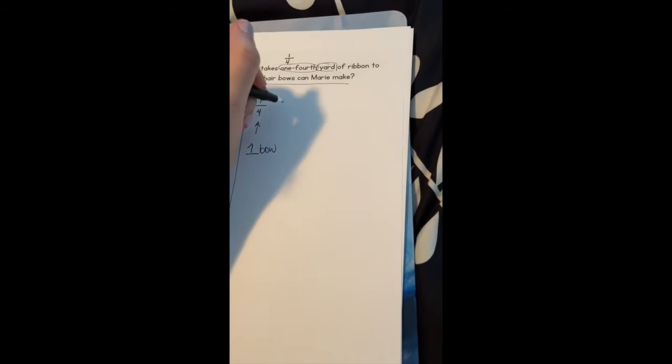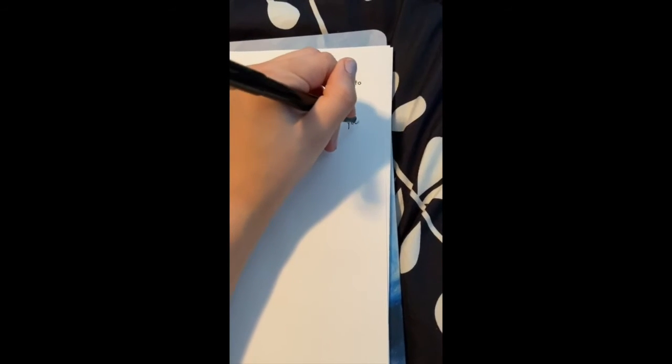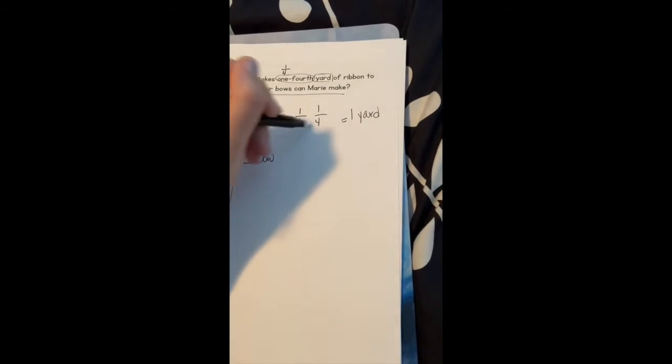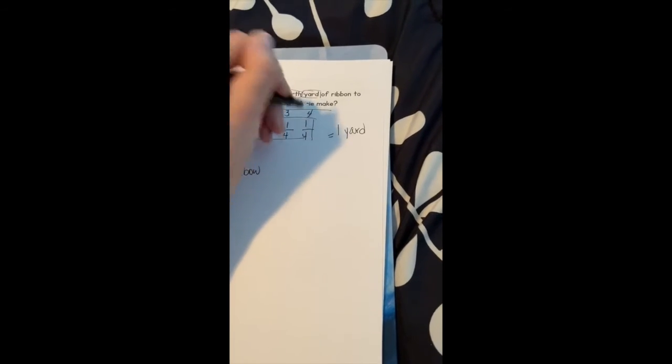Well, I know that 4 1/4s make up 1 yard, because that's 1 whole. So I know that 1, 2, 3, 4. I know I could make 4 bows, because that's 1 bow, 2 bows, 3 bows, 4 bows. So I know that I can make 4 bows with 1 yard.